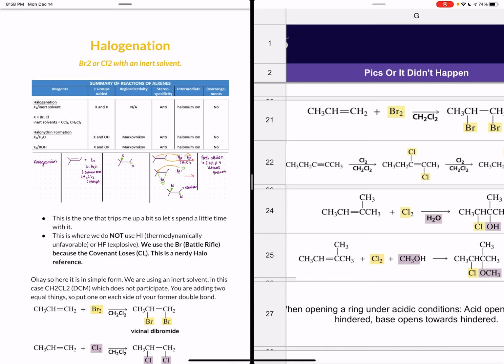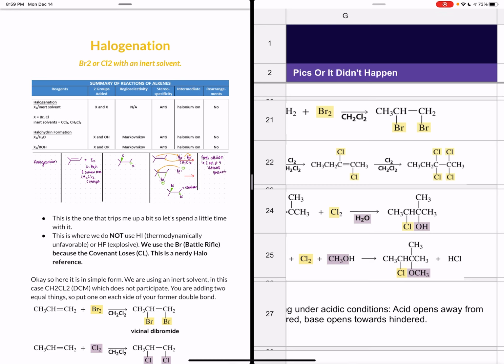There are no geminal dihalides if you don't have an H, if you don't have an HBr or an HCl, okay? If you add a second excess of Cl2, it's going to look like this on the right, where you have just 4 Cls, you break all of your pi bonds, and that is your result, okay?